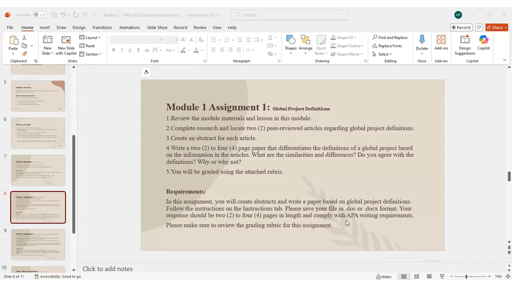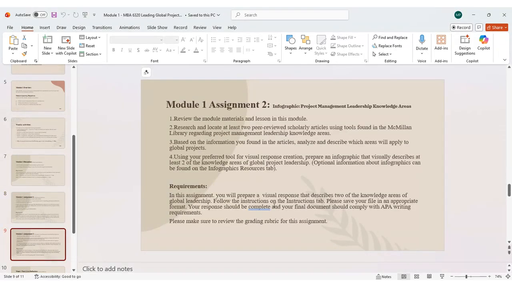It's 2 abstracts and 1 paper. Okay, it's just one assignment, right? Yeah, but good question. All right, any other question? All right, then we'll move on to the next.